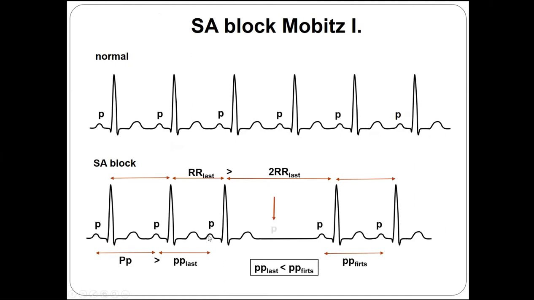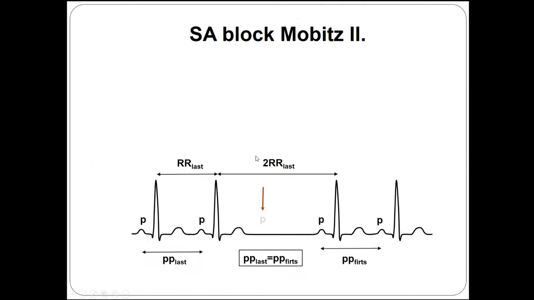There's no P. Look at this PP, and look at this last PP. It's a little less than twice the distance, so it's very similar to the RR. This distance is a little bit shorter than that distance. That means Mobitz type 1 SA block, no P wave.